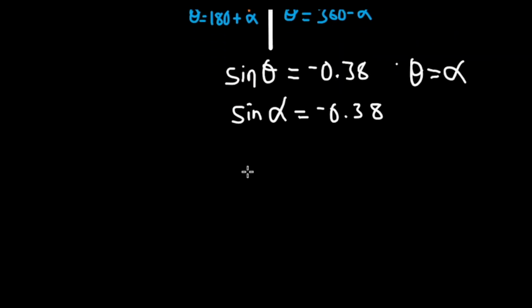Once we get to this stage, we say alpha will be equal to sine inverse. Once we are putting in the sine inverse, we are going to ignore the negative. The negative will apply when we are looking at our quadrants, because sine inverse of a negative value will be a math error on a calculator.